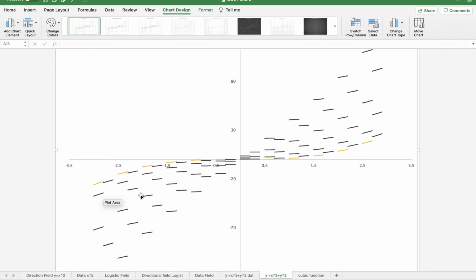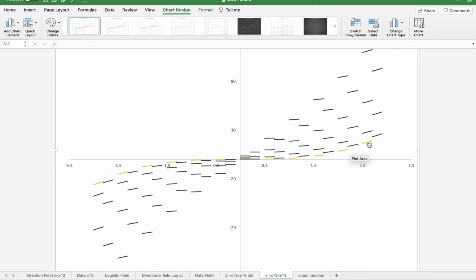You can see the field yields a sort of an S, a sideways S, like the yellow. Now the yellow is one of the extreme sets.